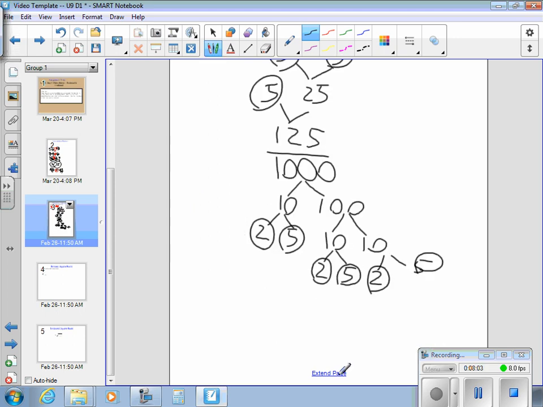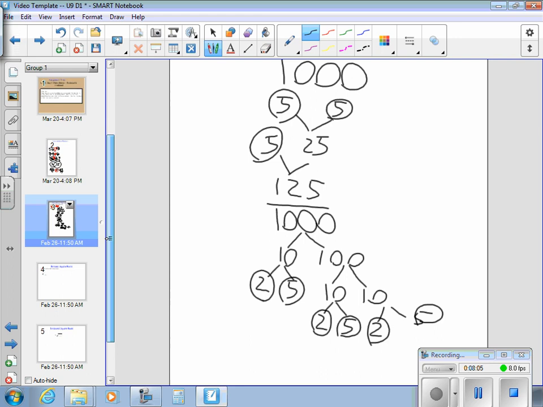Let me extend the page a little bit, and then scroll, and now we can see the whole thing. So let's see what cancels here. Well, I've got a 5 here, and a 5 here, 5 here, and a 5 here, a 5 here, and a 5 here. So let's see here.